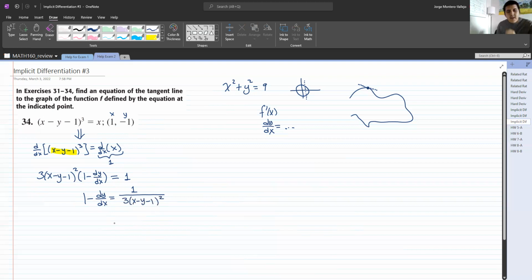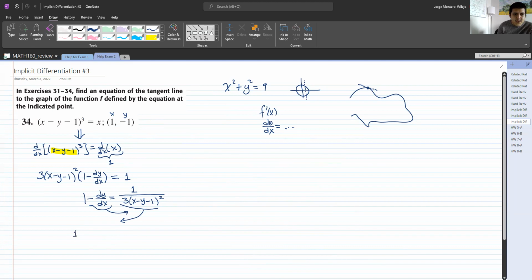And then I want to solve for dy dx. Over here, dy dx has a negative sign. So I'm going to send this negative dy dx to the other side because that way I make it positive, right? And also I will take this and send it to the other side, right? Because I want to end up with dy dx on one side by itself. So let's see what I end up with.